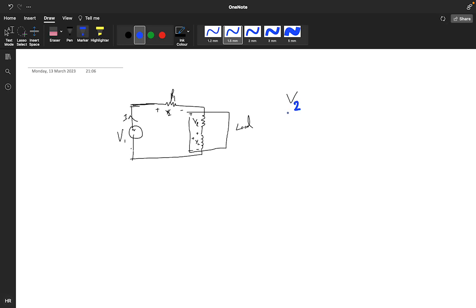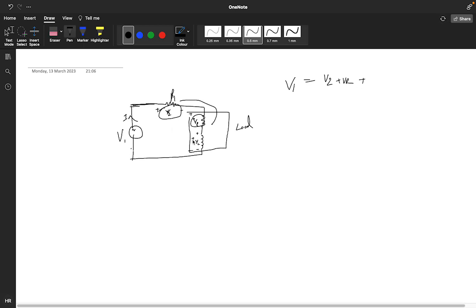V1 will be equal to V2 and VR. These are all resistive, so V2 plus VR will be resistive, plus you have VL, that is j VL.